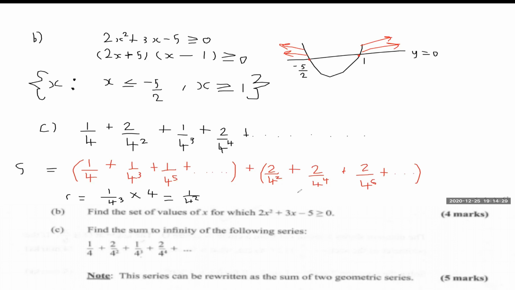Let's find the common ratio for this side. The common ratio is the second term divided by the first term. The second term is 2 over 4 to the 4th power.